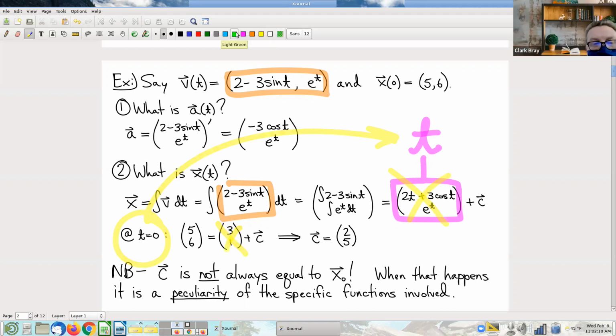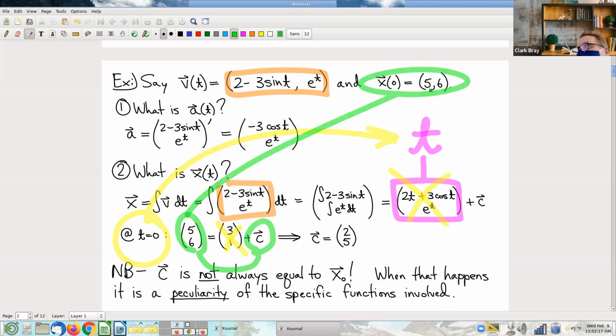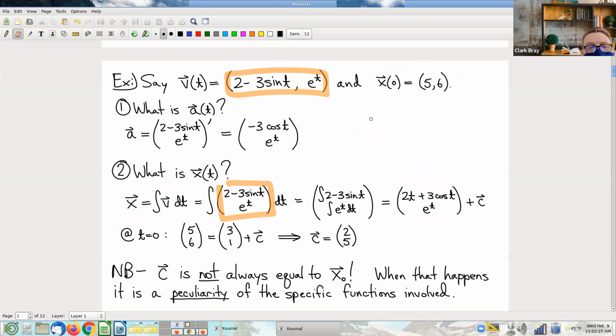And so no surprise, in those cases, the integration constant will be the same as the initial value. But it's a pure consequence of the fact that the functions that very often they give you in high school classes tend to be polynomials. And you can see all it takes is for this function, the given velocity function, to just not be a polynomial. And then all of a sudden, well, there's lots of functions where you don't get zeros here. And if you don't get zeros there, then of course, why would those things be equal?